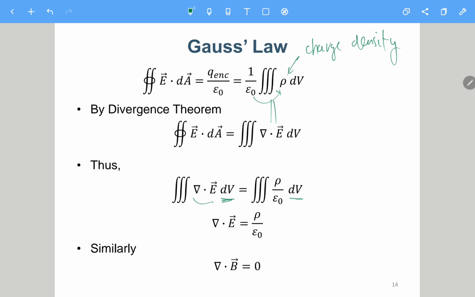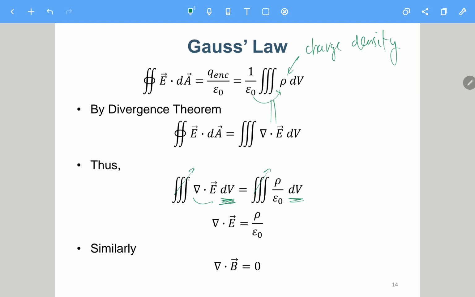For arbitrary volume, originally you cannot simply cancel this one with this one, that is not correct. But if this equation is true for arbitrary volume, then you can really cancel it, because you can change the volume a little bit, and you find that for all the small volumes they should be the same thing.